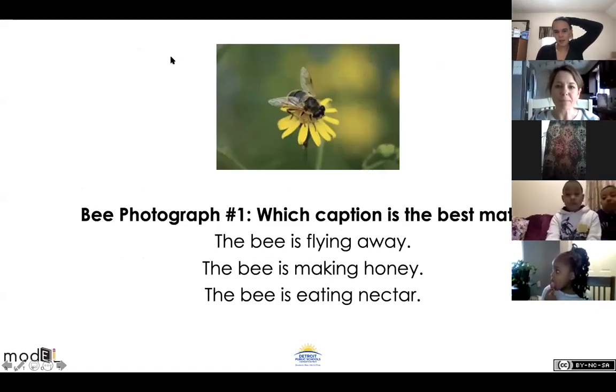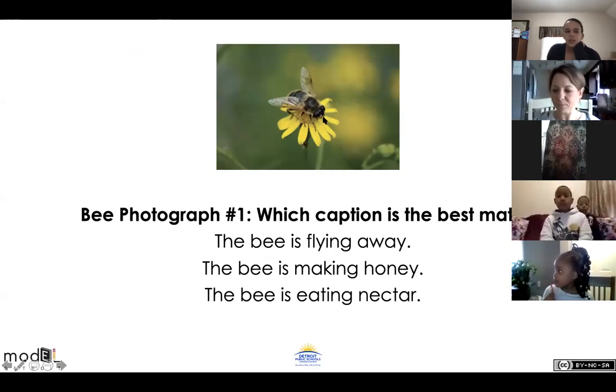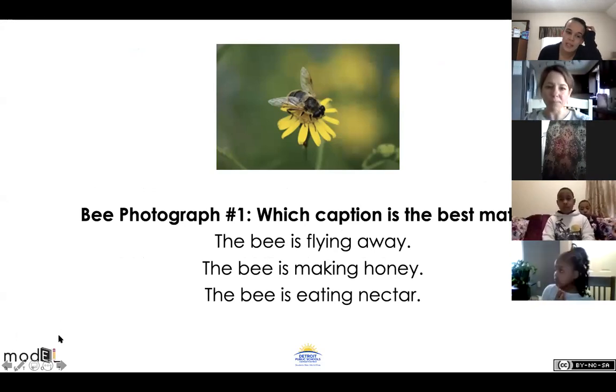All right. So I want you to just look at this picture. Don't read the words yet. Look at the picture and think about what it's showing you. Take 1 minute to think. What is that picture showing? And use some detail. So don't just say it's showing a bee. What really is happening in that picture?